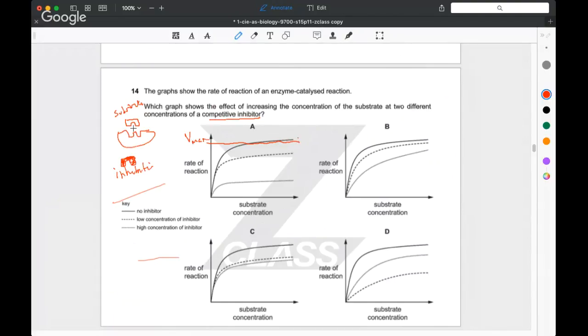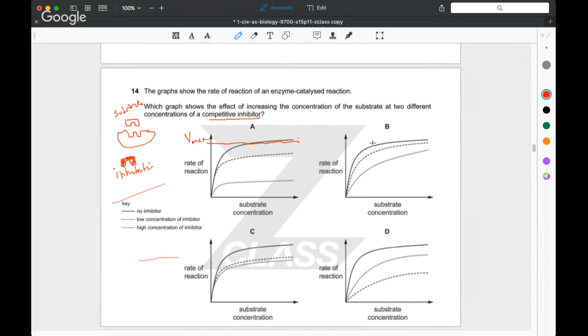And so the inhibitor will reduce the rate of reaction. But as you increase the substrate concentration, the competitive behavior of the inhibitor is going to become less and less dominant, because there's going to be so many substrate molecules that the few inhibitor molecules have little effect. And eventually you're putting in so much substrate that the inhibitor is having hardly any effect at all, and so you actually tend to Vmax again.